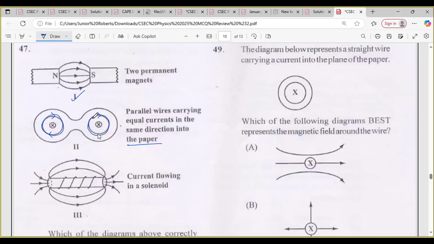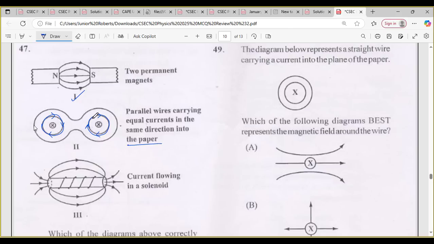No, that's not anti-clockwise, that's clockwise, my bad. It's going to be clockwise when we use our right hand grip rule. Now, this is going down, this is going up. So these two field lines are going to interact, and since they're going in opposite directions, they effectively cancel out each other, so the two conductors tend to be forced towards each other.